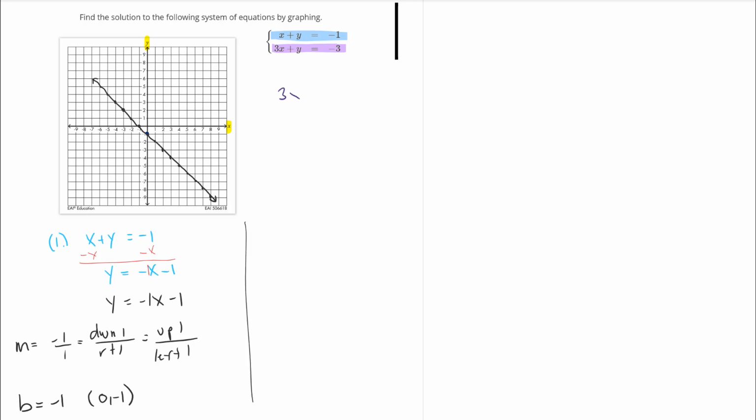So here if I have a 3x plus y is equal to a negative 3, I can go ahead and subtract a 3x from both sides. So I can get that y is equal to a negative 3x minus 3, which tells me that my slope is a negative 3, or negative 3 over 1.